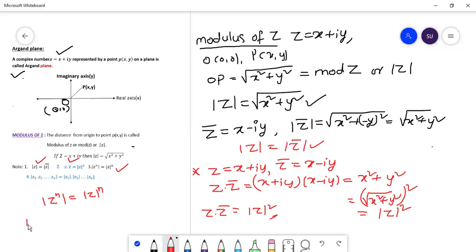For example, if I have the modulus of z1 into z2, by using this property I can write mod z1 into mod z2. Suppose if you have the modulus of z1 z2 z3, you can write it as mod z1 into mod z2 into one more extra mod z3. Okay, these are the things about the modulus of a complex number.